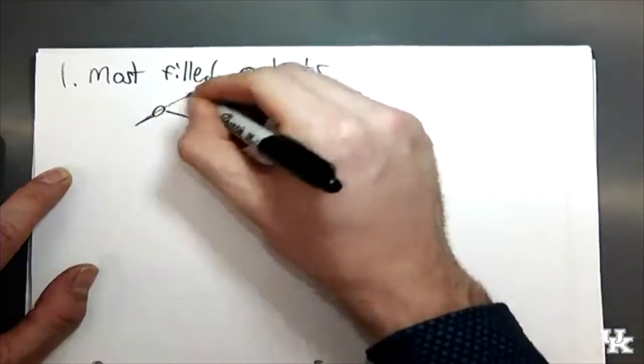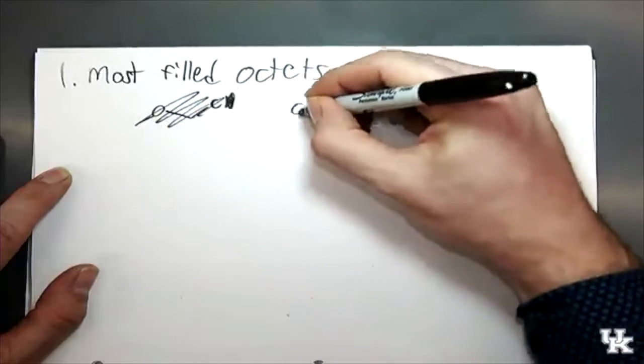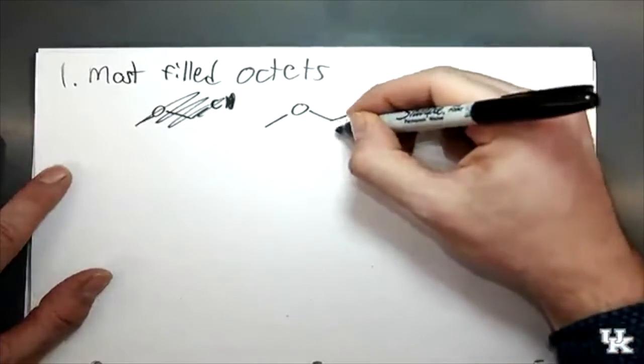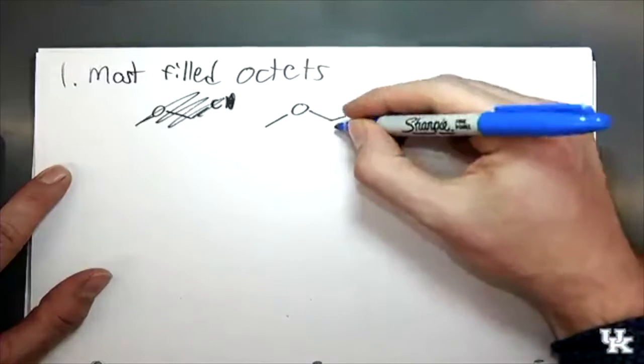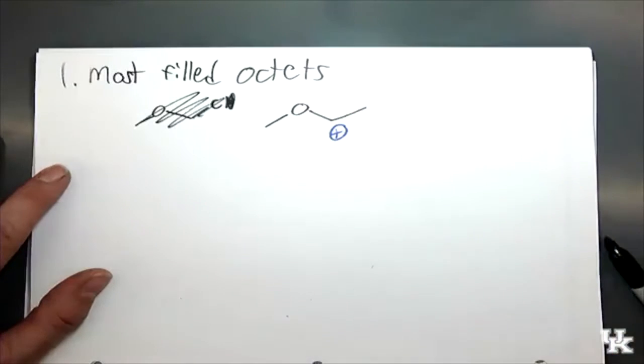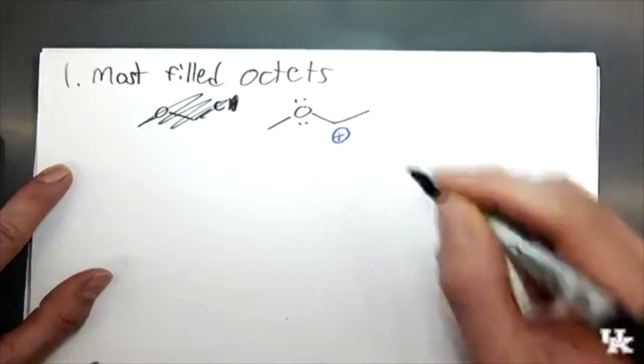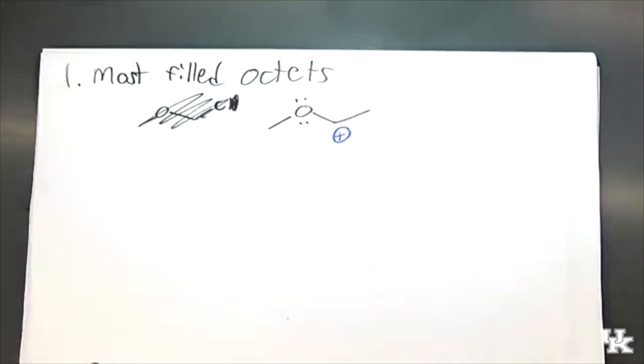let me start over. I don't like how I was drawing that one. Here we go. That's better. Positive charges are blue, right? And I'm missing the lone pairs. Okay. All right, so in this structure, we don't have an allyl, so we don't worry about the first 2.